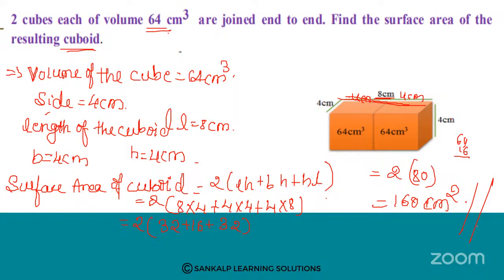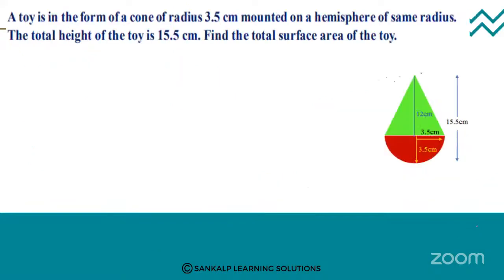So next question is, a toy is in the form of a cone of radius 3.5 centimeters mounted on a hemisphere of the same radius. Then the total height of the toy is 15.5 centimeter. Find the total surface area of the toy.